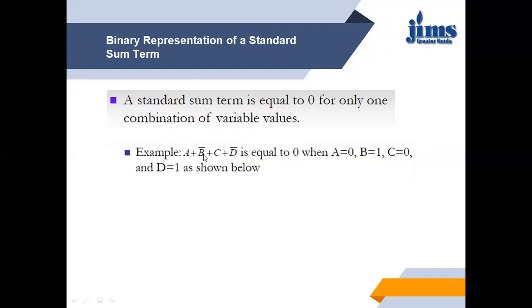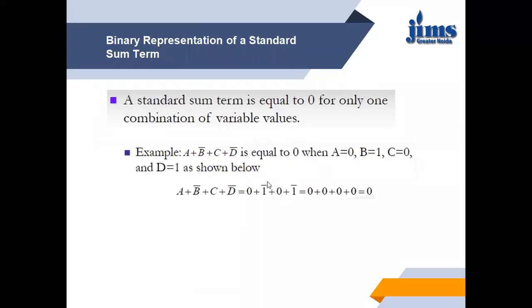If the input is complemented, it will have a value of 1. So if this was the case of SOP, then the value A is represented by 1, and in this case A is represented by 0. It is just the complement. So we can write it as 0, 1, 0, 1. The value of A is 0, B is 1, C is 0, and D is 1.